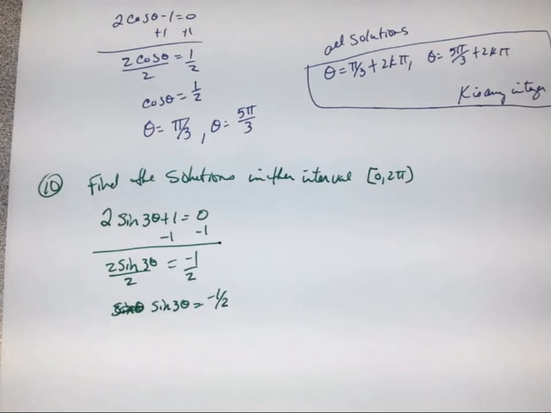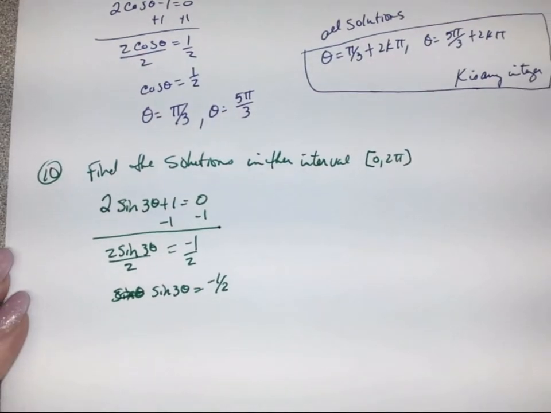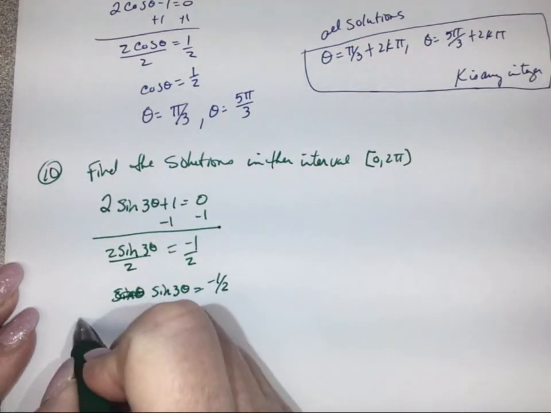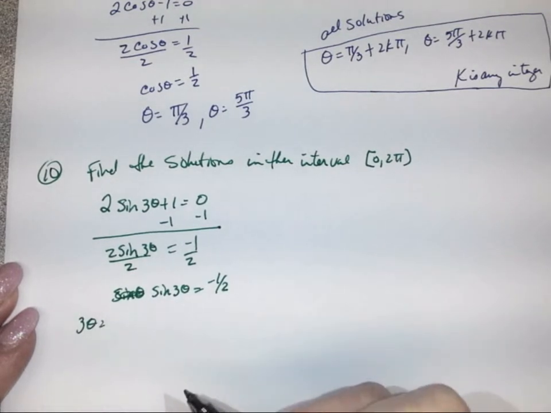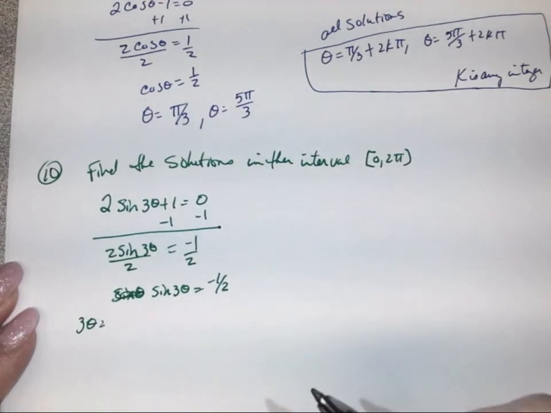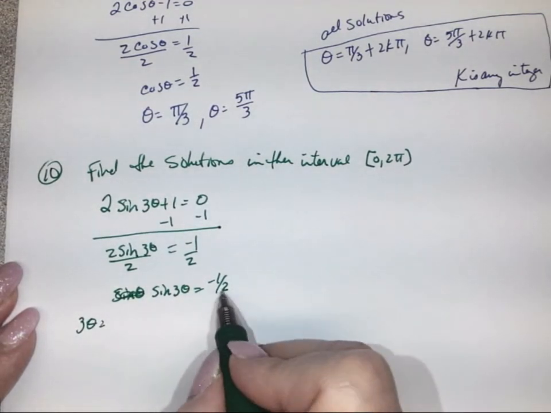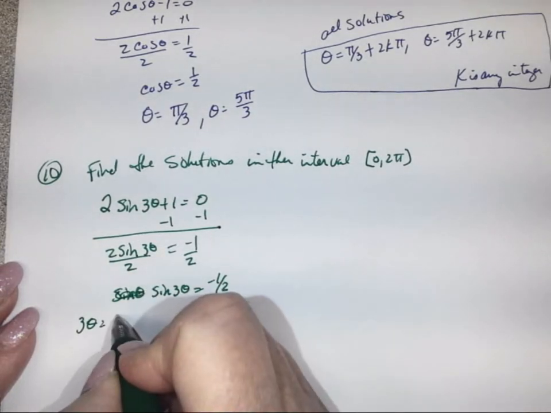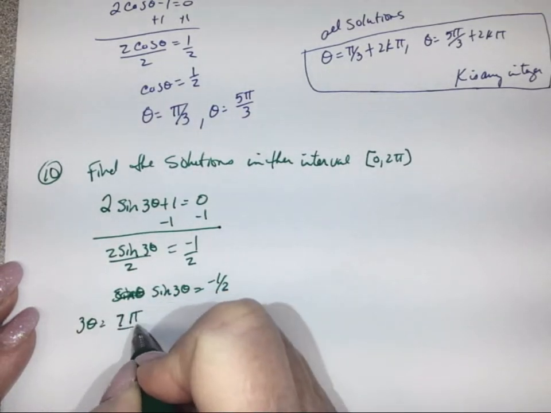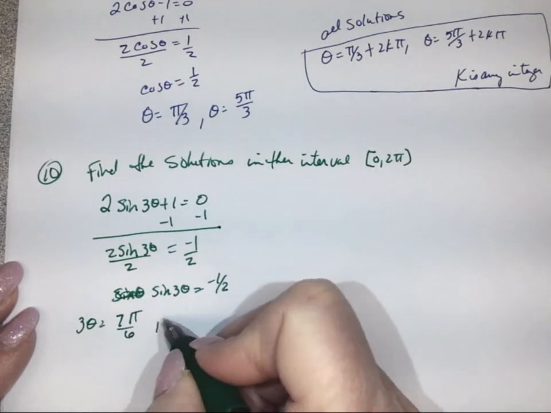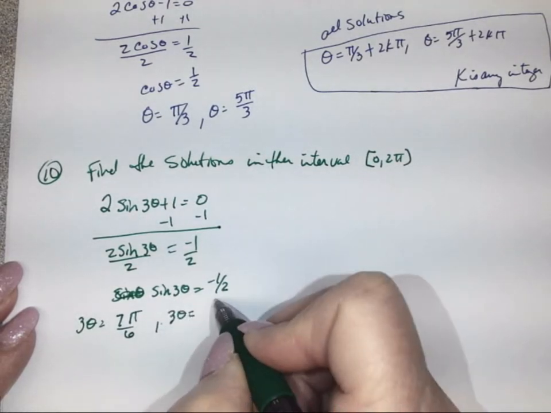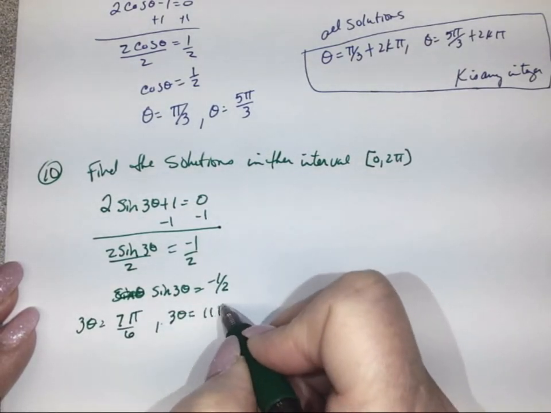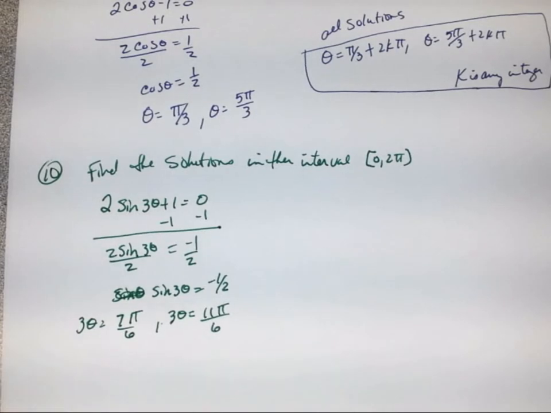It's actually going to be 3 theta, and for this we would get 3 theta is equal to 7 pi over 6, because it's got to be negative, so it's going to be in quadrant 3 and quadrant 4. So it'll be 7 pi over 6, and 3 theta is equal to 11 pi over 6.